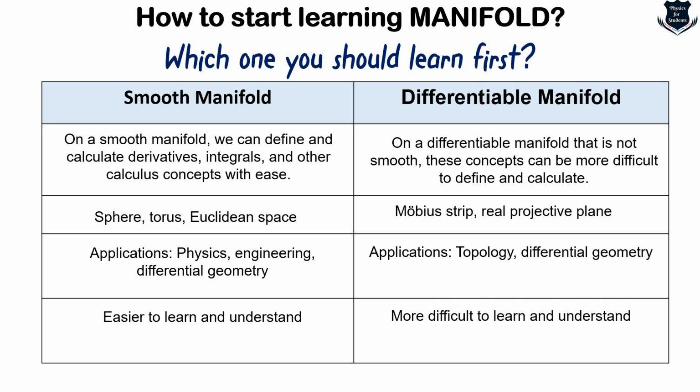Obviously, smooth manifolds are very easy to learn, and differential manifolds, because they are more general, are more difficult and complex to understand. So this gives you not only the understanding of smooth and differential manifolds, you also get an answer from within you that yes, we should start our learning with smooth manifolds.